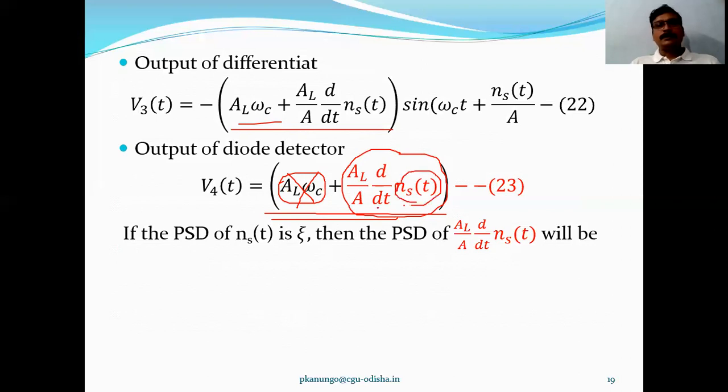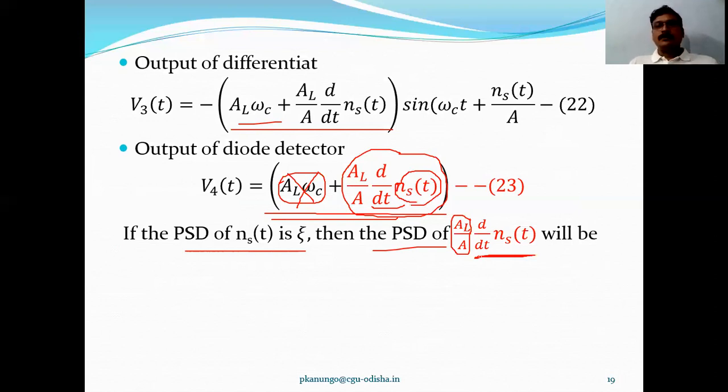What is the power spectral density if I pass n_s(t) through a differentiator? If the power spectral density is zeta, then the power spectral density of these two terms differs by a constant ratio, so that is not a problem. Only here we have to evaluate the power spectral density of d/dt of n_s(t), which will be the input to the low pass filter.